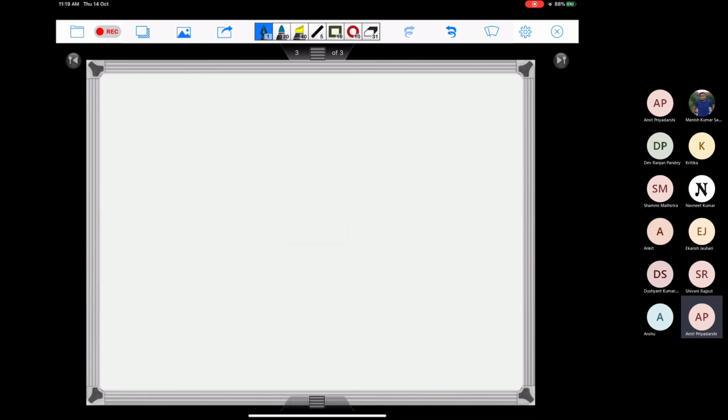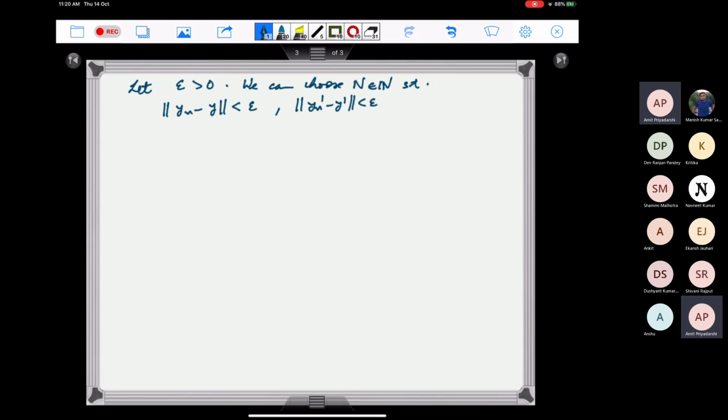So let epsilon be any positive number. So we can choose capital N such that norm of yn minus y is less than epsilon, and norm of yn dash minus y dash is less than epsilon, and the summation of x dot ei square, i equal to n plus 1 to infinity, can be made less than epsilon square.